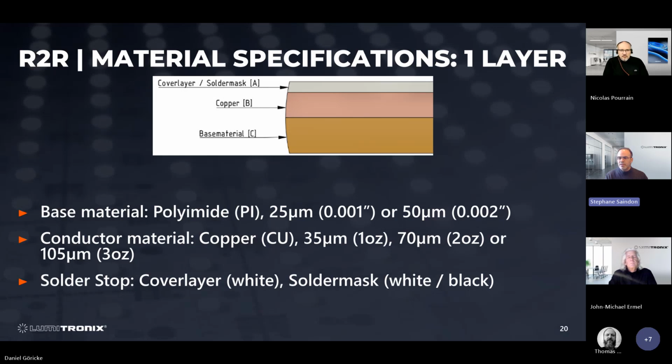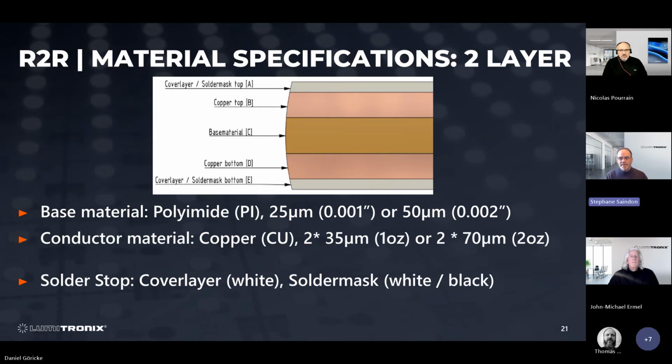Typically, we will use 2 ounce. In more demanding applications, we'll go 3 ounce. And finally, on top, you'll have either a coverlay or a solder mask. For those not familiar with the topic, coverlay is a solid film applied to the surface, while solder mask, which is similar to standard PCB, is a liquid applied to the surface and cured afterwards. So that is for a single layer.